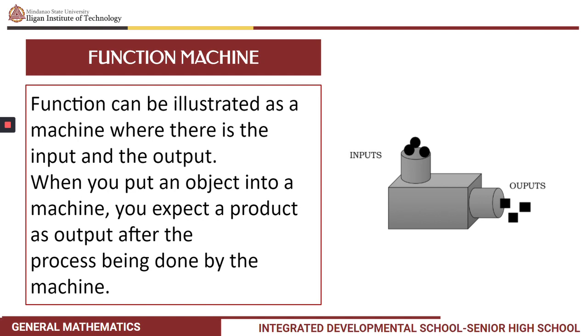So in our function machine, we put something in the machine, and with whatever rule the machine has, we'll have an output, only one output. We can't have two or more outputs.